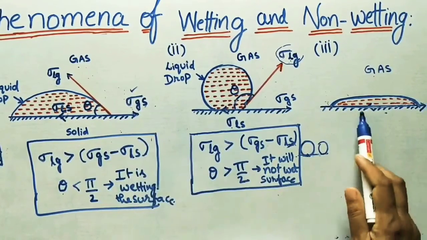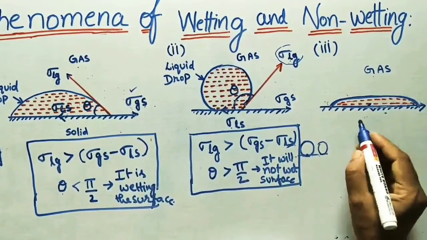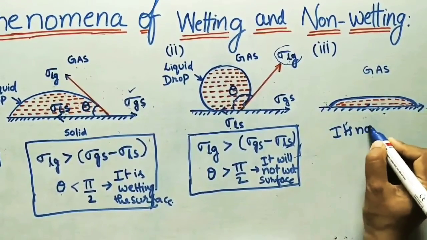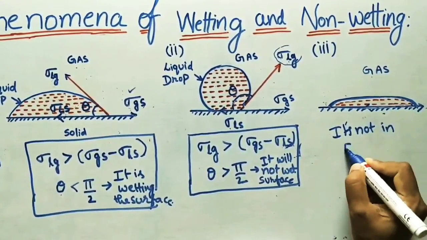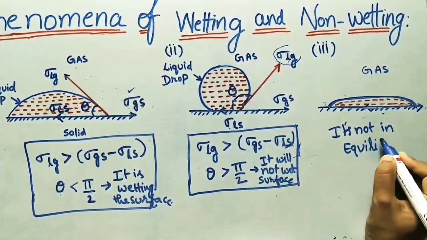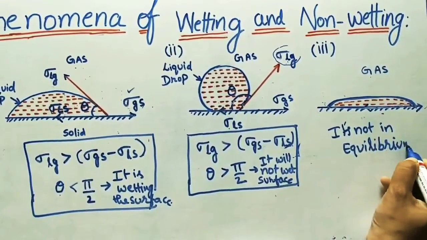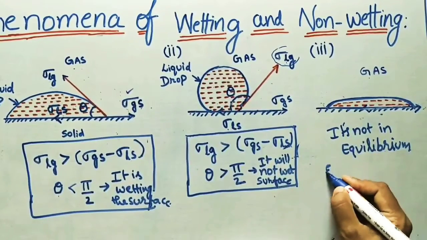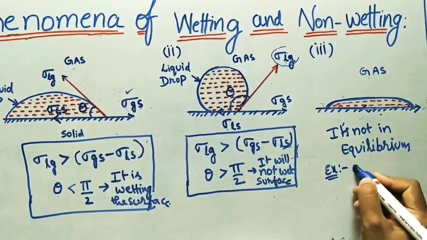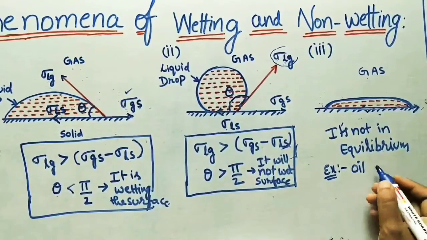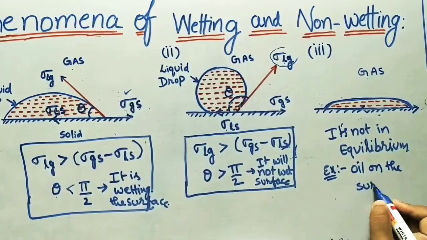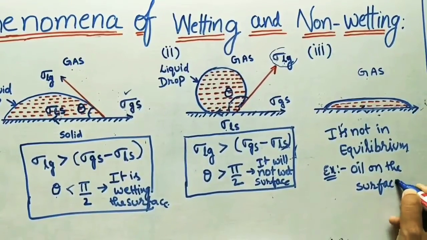At that time only it is in equilibrium. So we can write here, it is not in equilibrium. It will just spread on the surface. For example, oil will spread on a solid surface.